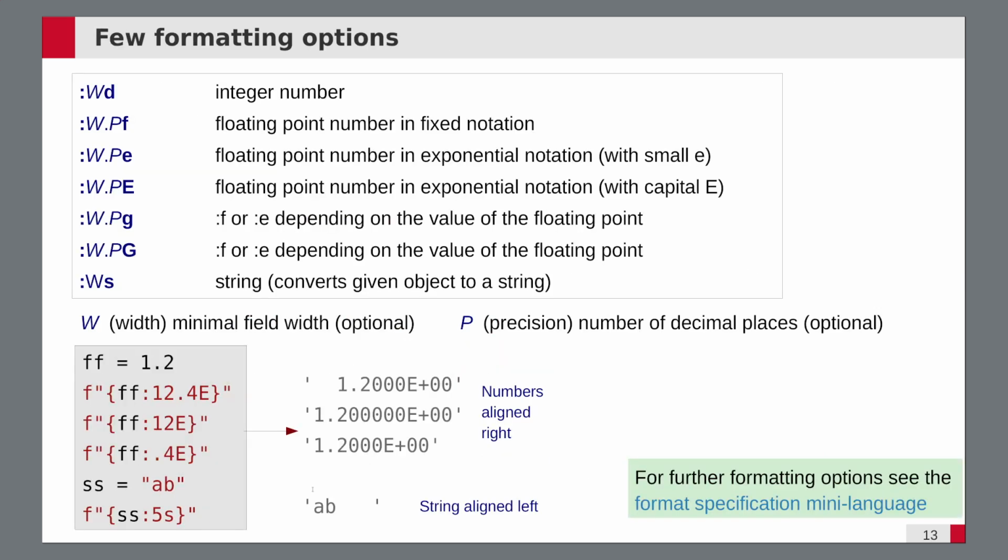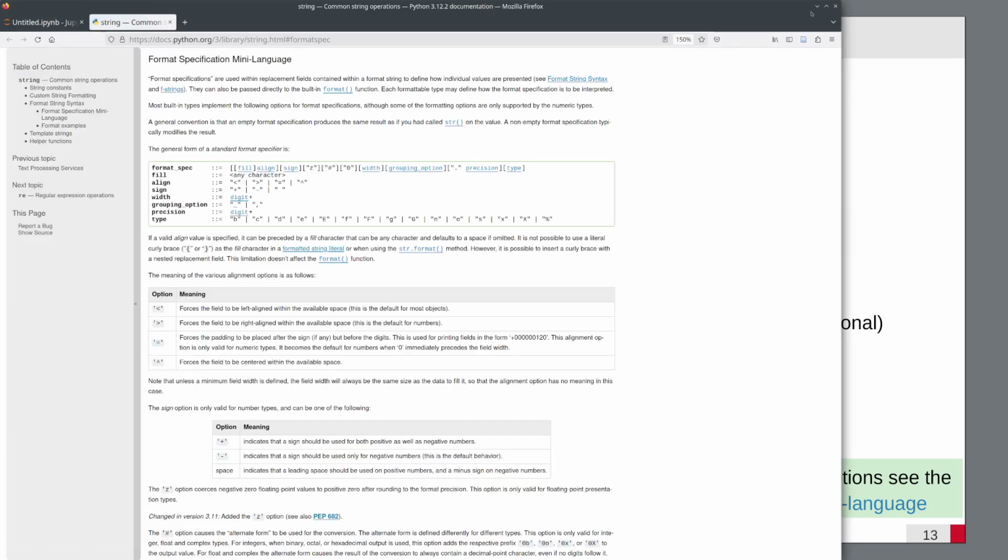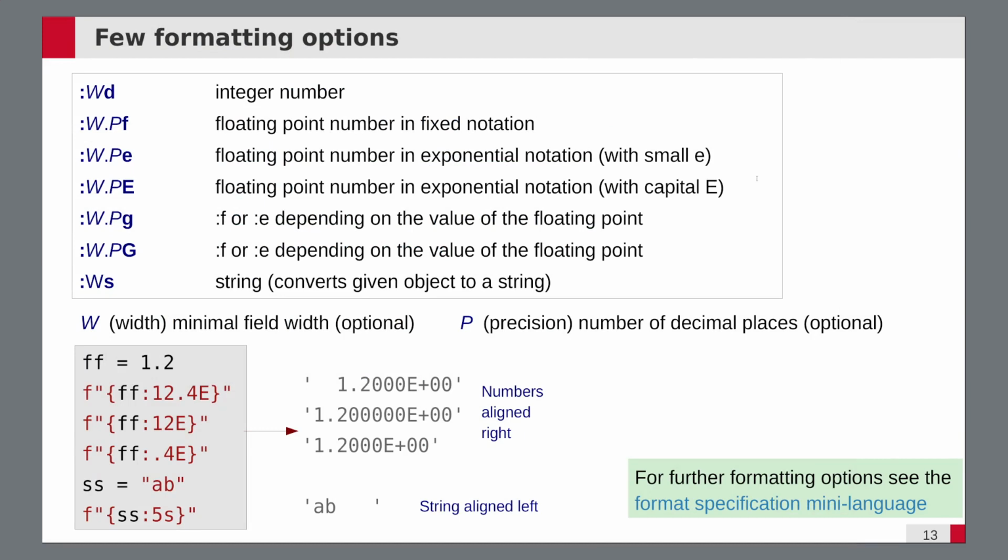The options you can specify are very different. There are a lot of them, and I'm definitely not showing you all of them here. If you want to look it up, you can consult the format specification mini language on the Python website. Here you can look up what kind of options there are and how you can use them in order to make nicely formatted output.